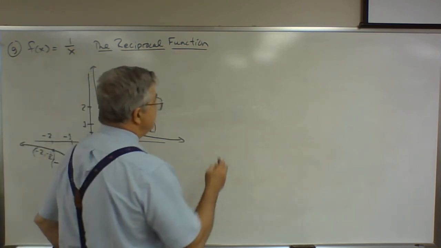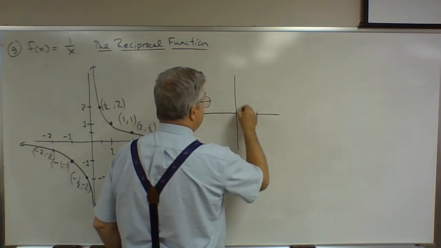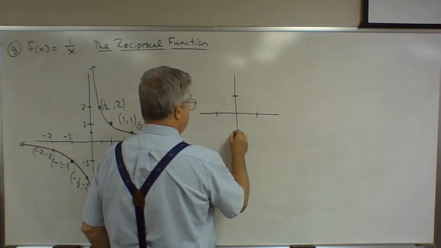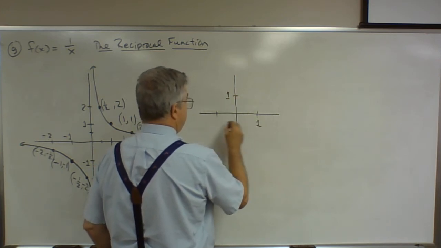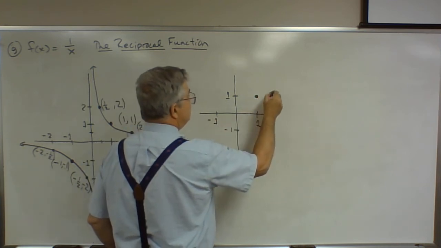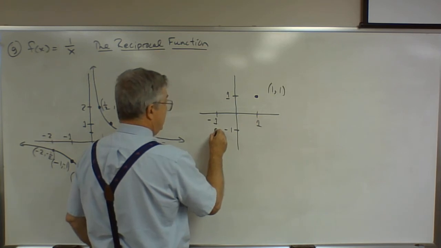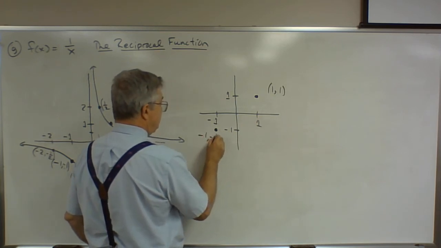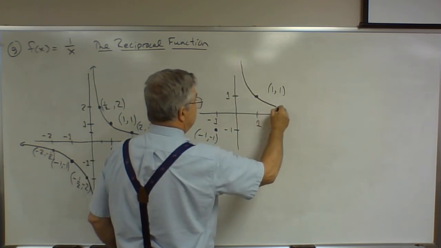If we want to make it a little bit easier to remember, we can remember these 2 points, 1, 1, and -1, -1, and just know that the graph does this sort of thing.